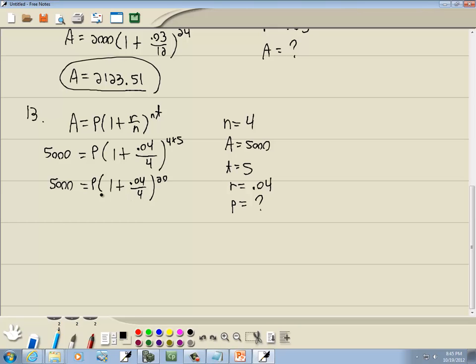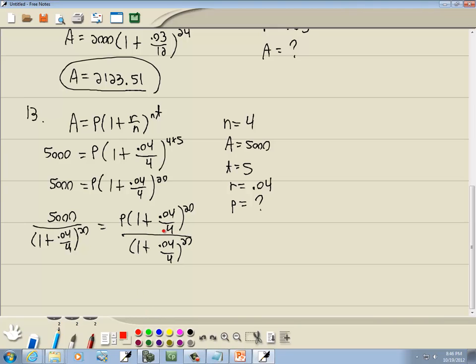So to get P by itself, we're going to divide both sides by that number. When we do that, this cancels with that, and we got P equal to 5,000 over 1 plus 0.04 divided by 4 to the 20th power.